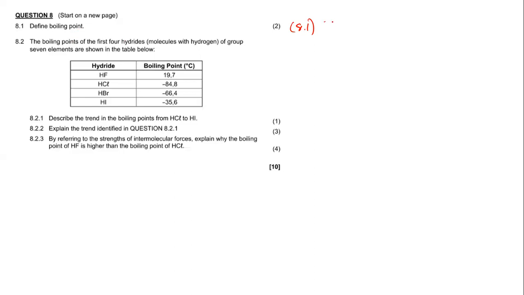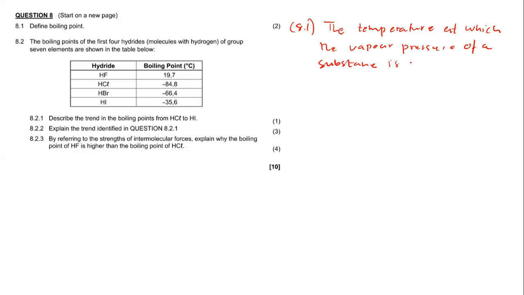So the boiling point is the temperature at which the vapor pressure of a substance is equal to the external pressure, or you can say just atmospheric pressure. This is how we define the boiling point.